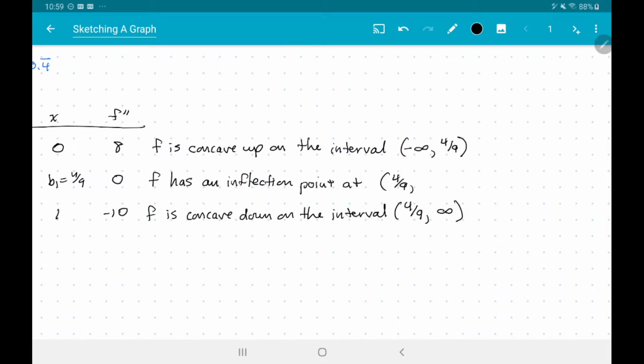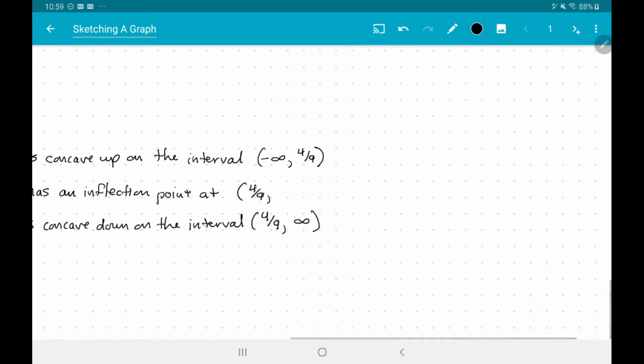What about the y-coordinate? What is the y-coordinate of this point? Again, none of the numbers in this table are the y-coordinate that we need. Instead, remember, this is a point on the graph of f.